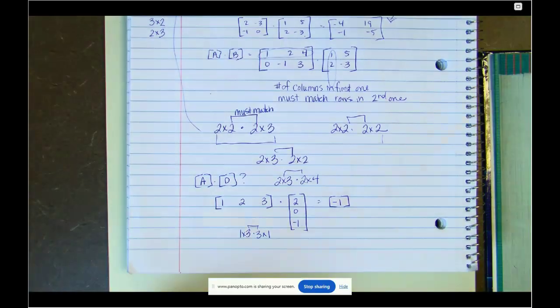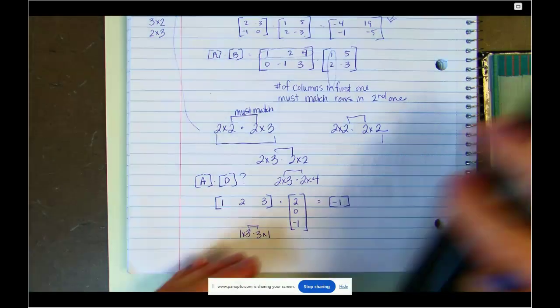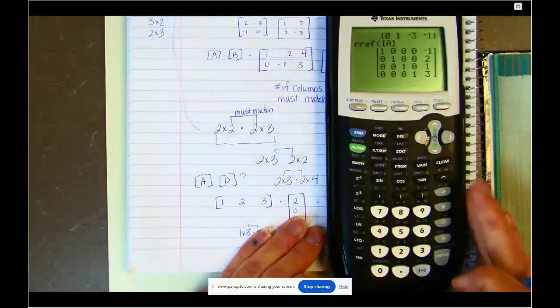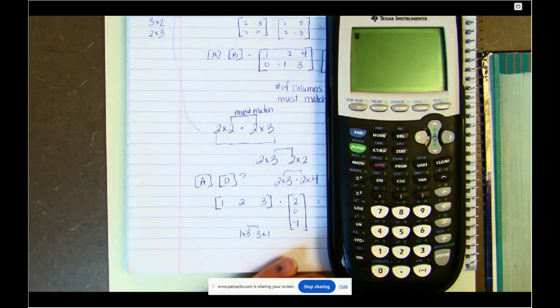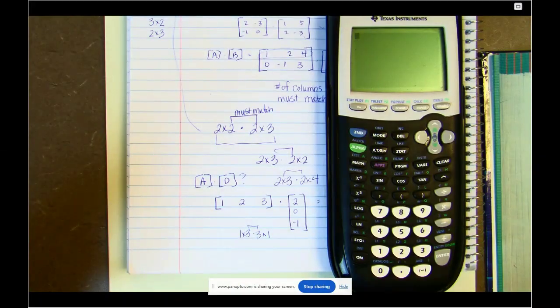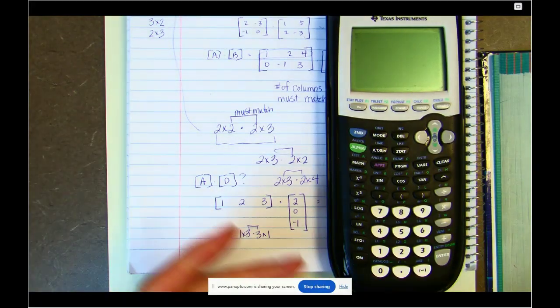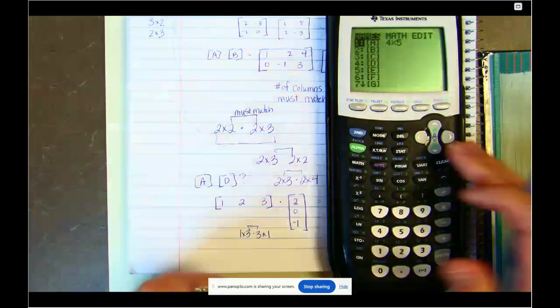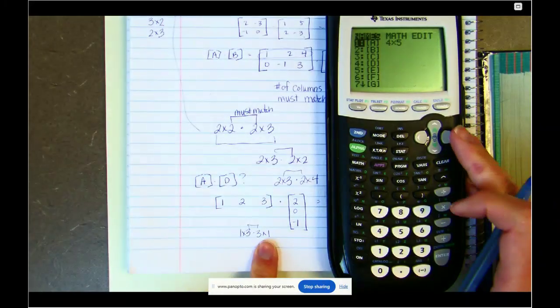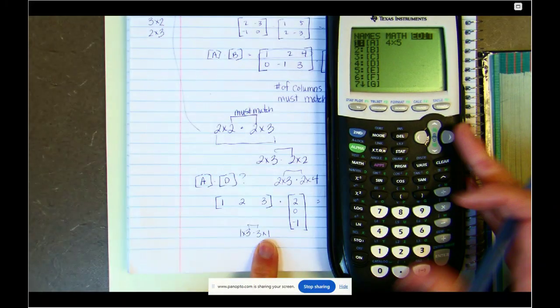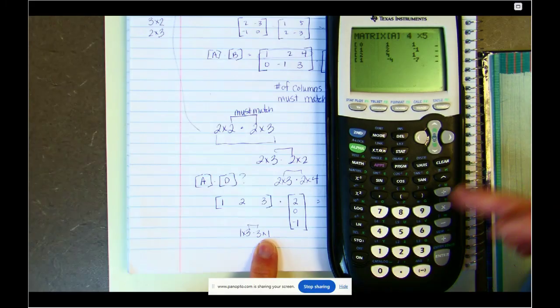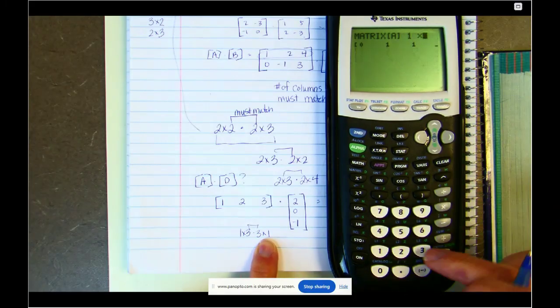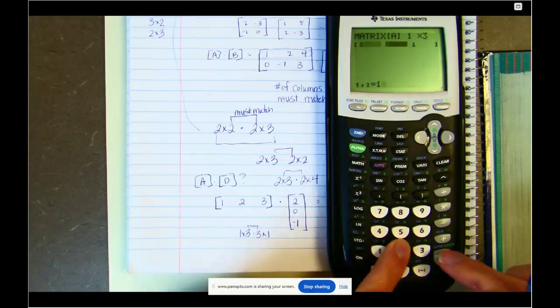Now, real quick, I do want you to know that your calculator will multiply matrices. On your homework, I want you to do a couple by hand. The other ones you can do with your calculator. Let's say I'm just going to do this one down here. You just got to edit it. This is a 1 by 3, so 1, 2, 3.